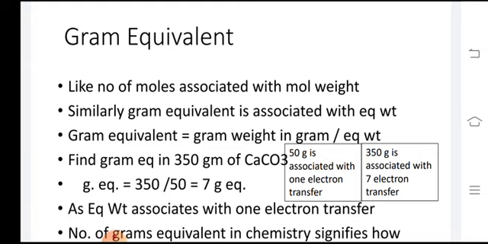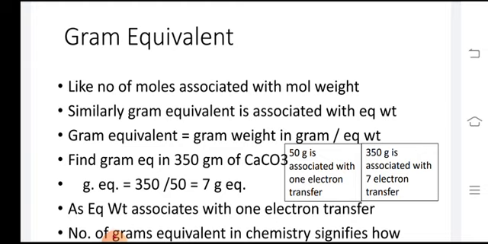Like the number of moles, which is associated with molecular weight, we have a gram equivalent which is associated with the equivalent weight. Simply modify the formula accordingly, and we get gram equivalent equal to the weight in gram over the equivalent weight of that compound or molecule.